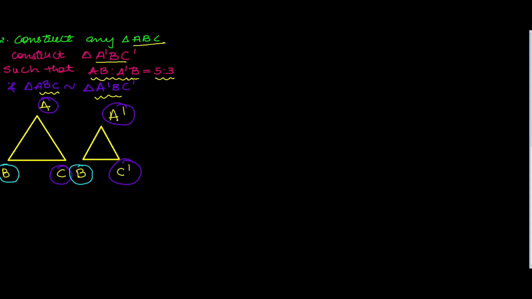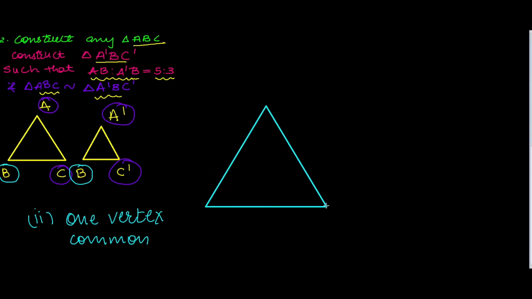So we come to know that this is the second condition of our construction of similar triangles, that is, one vertex is common over here. This means our rough figure will be somewhat like this. I'll show you. This will be our triangle ABC, as triangle ABC is the bigger triangle, we come to know from this ratio.